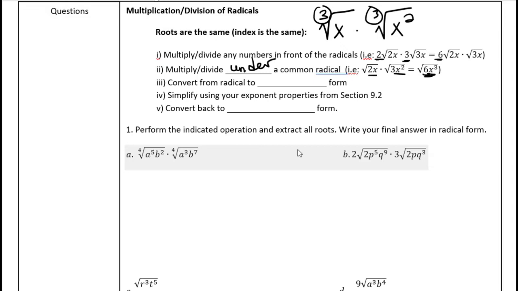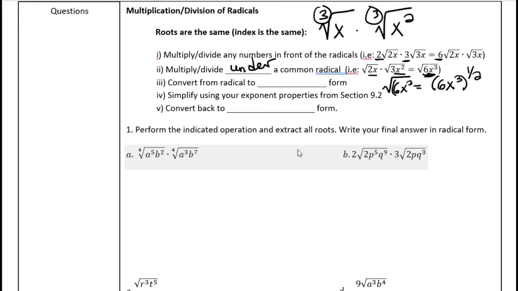And then you want to convert from the radical form to the exponential form. So for example, where we had 6x to the 3rd, you want to convert it to exponential form. In order to do that, you're going to remember that square root means 1/2 power. Remember that is power over index.